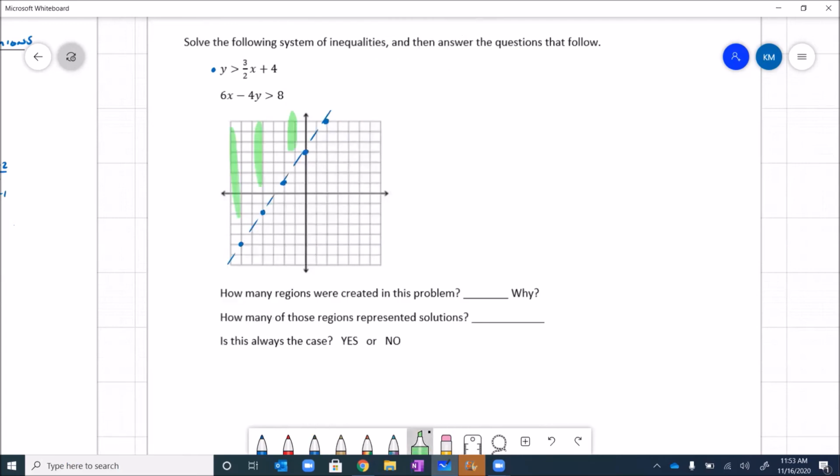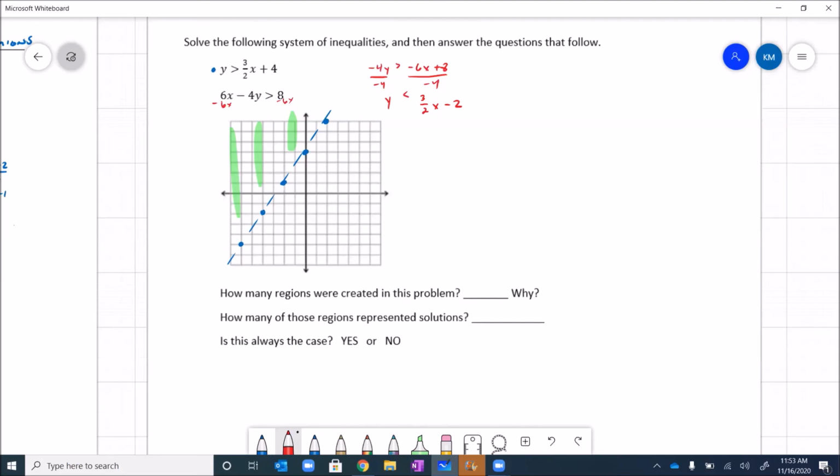Okay. My second line, I want to put in slope-intercept form, so I'm going to subtract 6x from both sides, solve for y. Negative 4y is greater than negative 6x plus 8. Divide by negative 4. Because I divided by a negative number, I have to flip my sign. So y is less than 3 over 2 x minus 2.